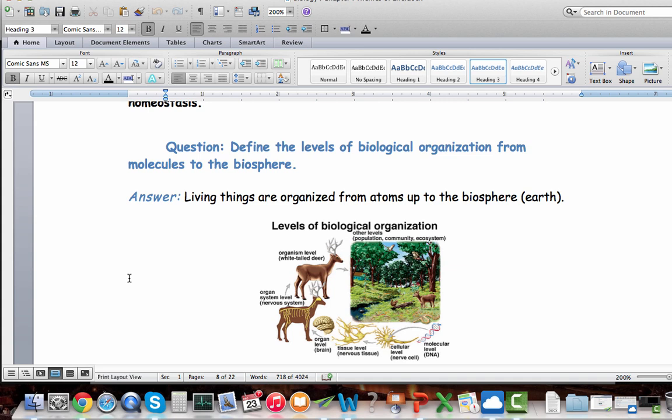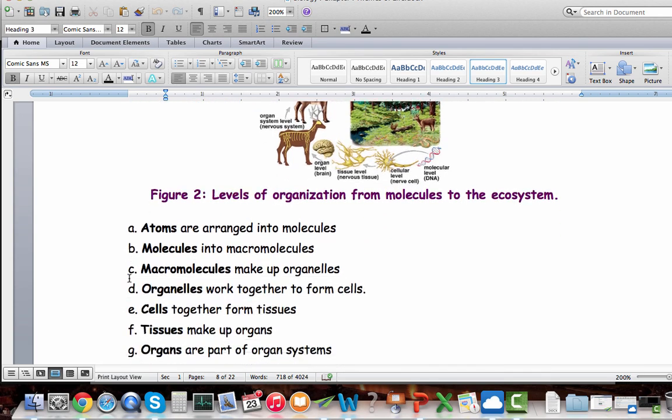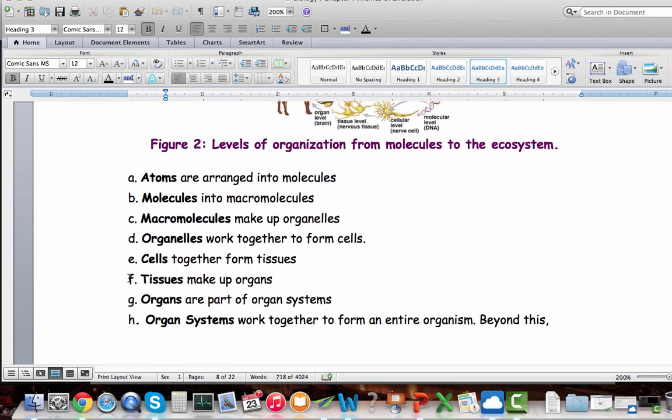Question. Define the levels of biological organization from molecules to the biosphere. Answer. Living things are organized from atoms up to the biosphere, or Earth. Atoms are arranged into molecules. Molecules into macromolecules.